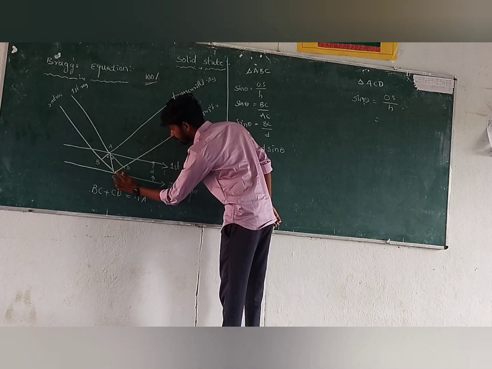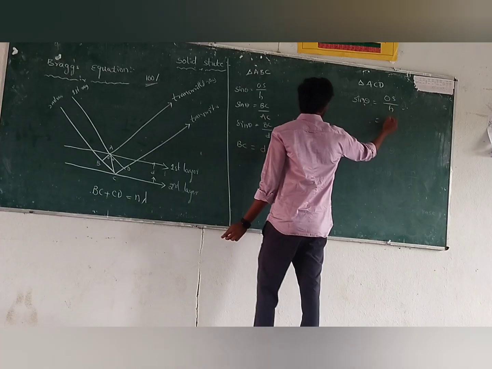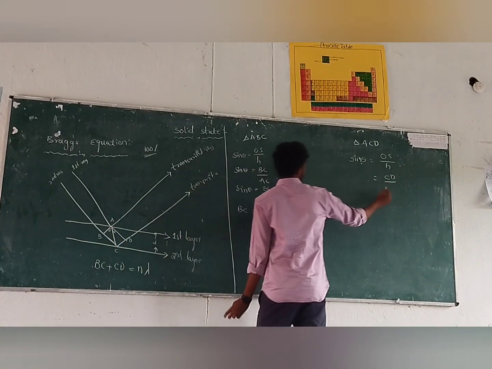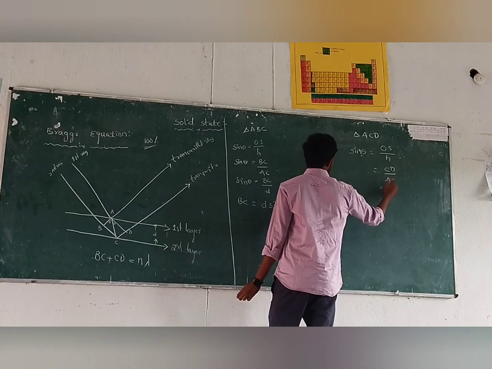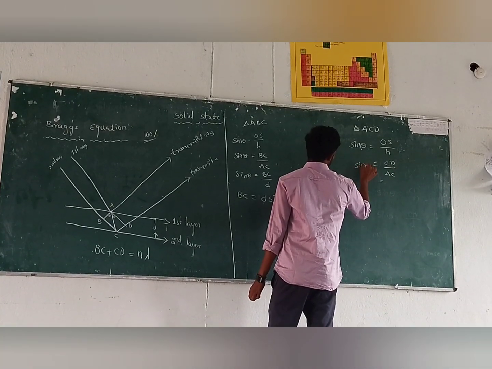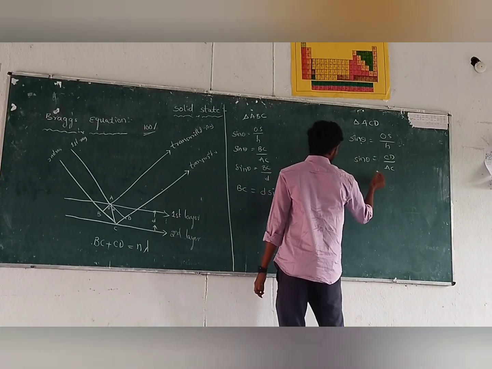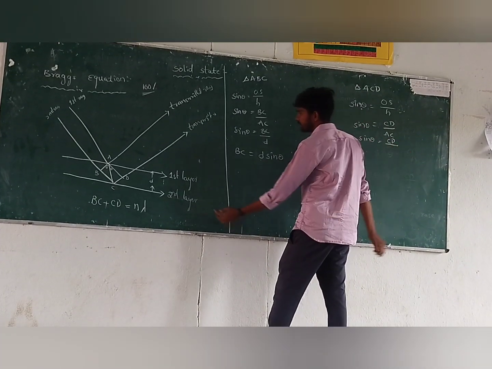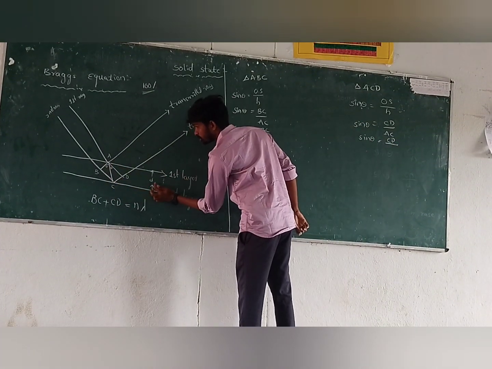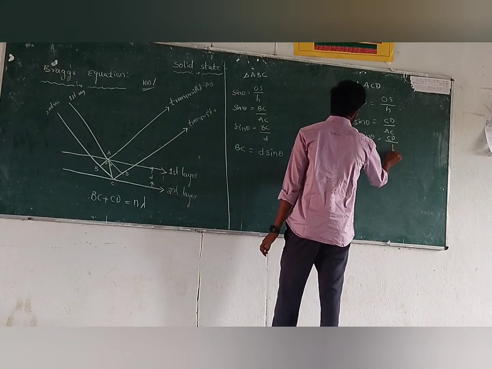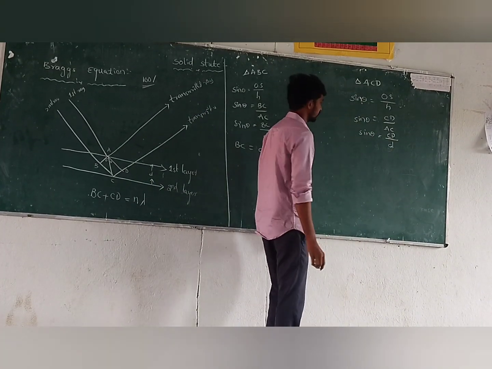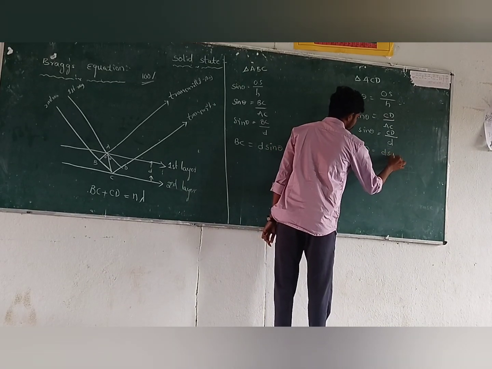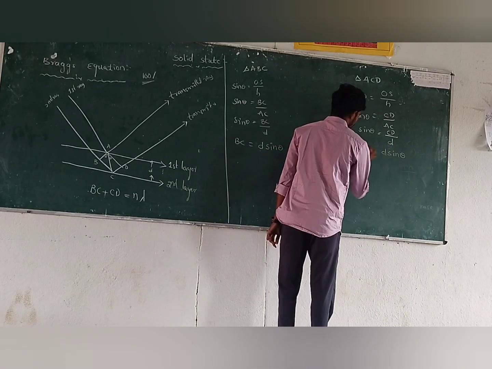The opposite side is CD. Here we don't know the CD value. The AC value we know: AC is equal to small d. Here I need the CD value, so CD is equal to d sin theta.